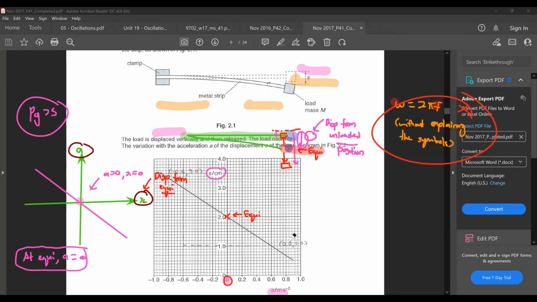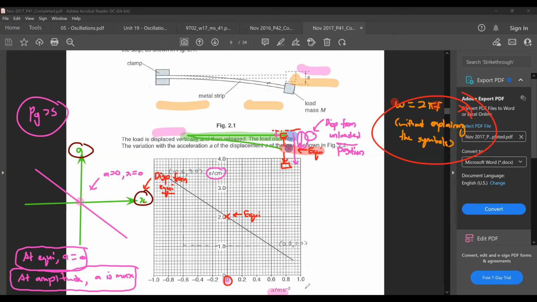If you look at the graph right now, you can also say that at amplitude, a is max. This is also something you would have realized by now. At amplitude, a is max.